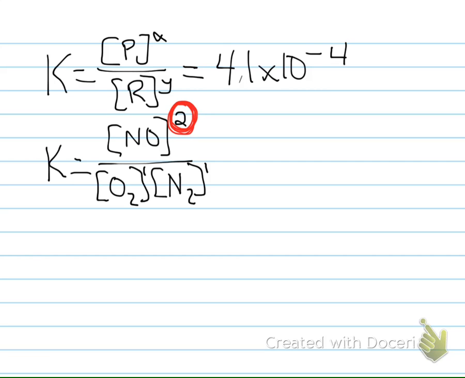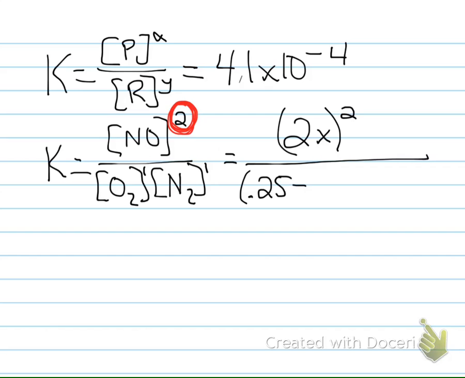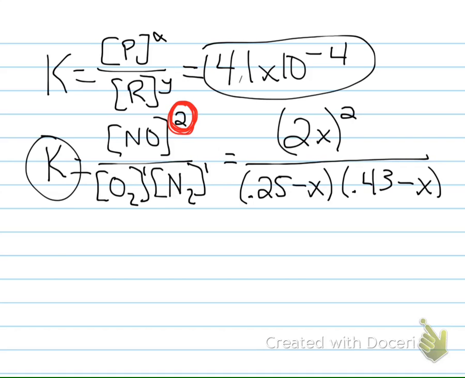On the top we have 2x squared over 0.25 minus x and 0.43 minus x. And that's equal to your K value, which is this value up here.